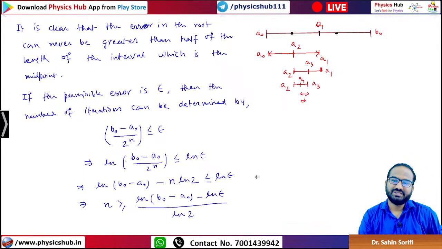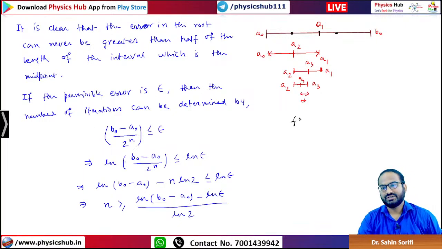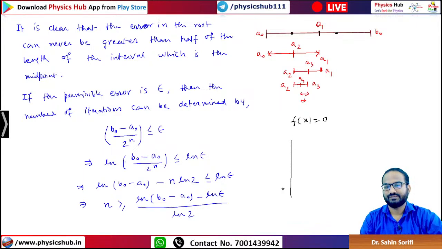So the logic is simple. Whatever function you are given, it may be x cube plus 3x square plus 1 equals 0, whatever it is. Initially, you will check different values of f of x.